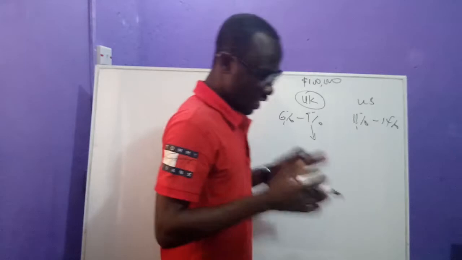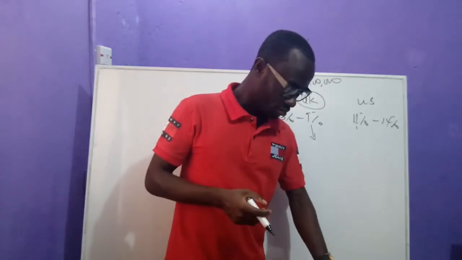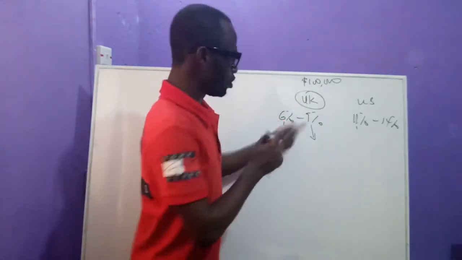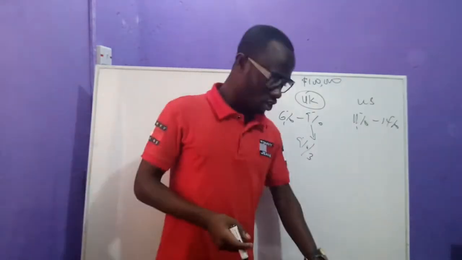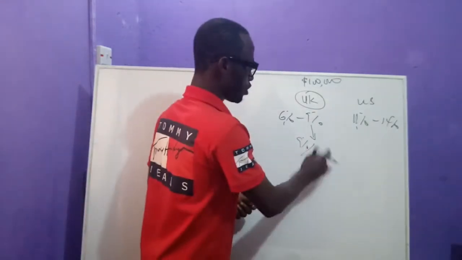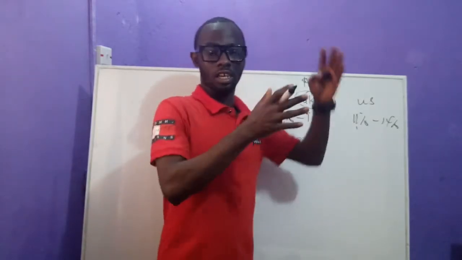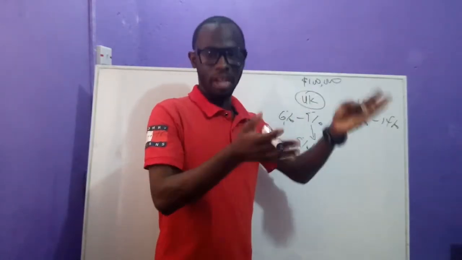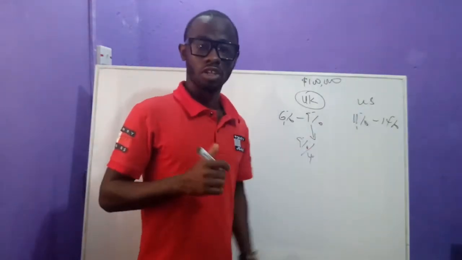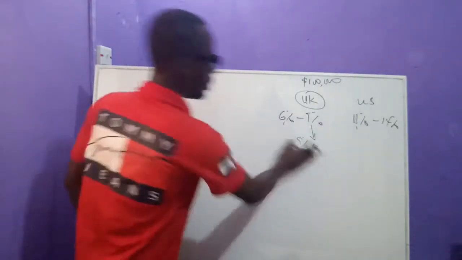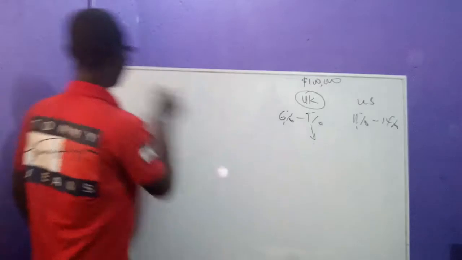Now remember, it is in 3 months time. So it's going to be 9% divided by 4, because we are dealing with 12 months, so that we will get the interest rate for the 3 months. So let me do that workings here.